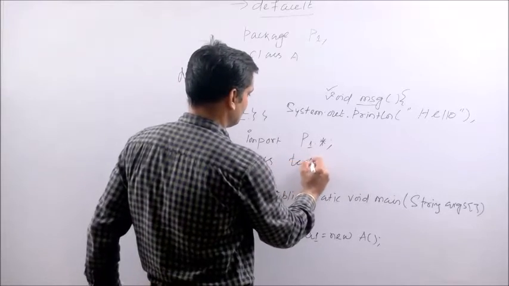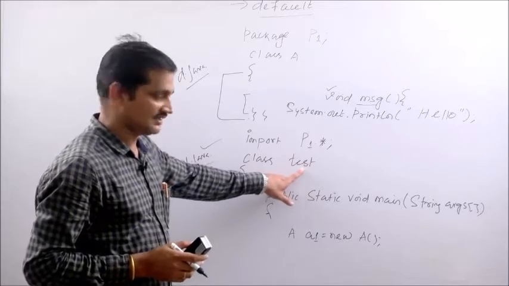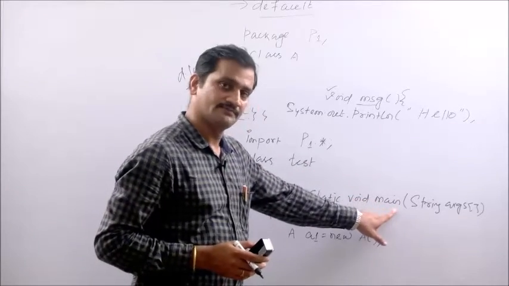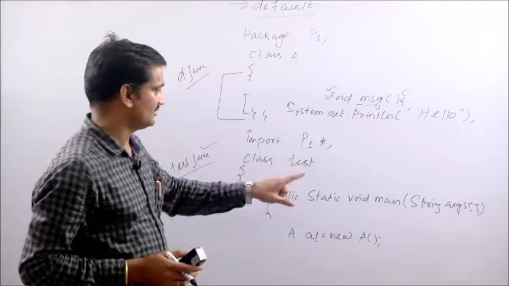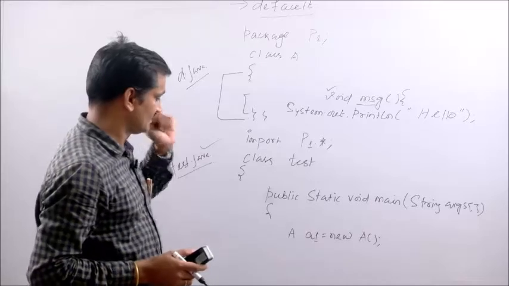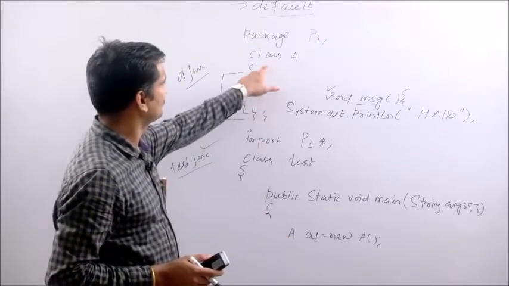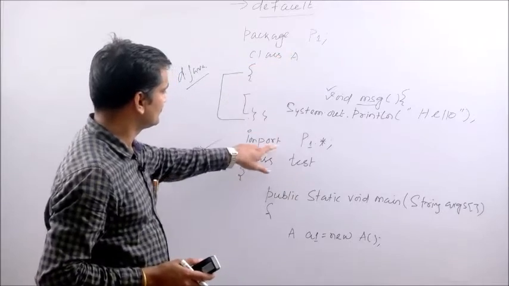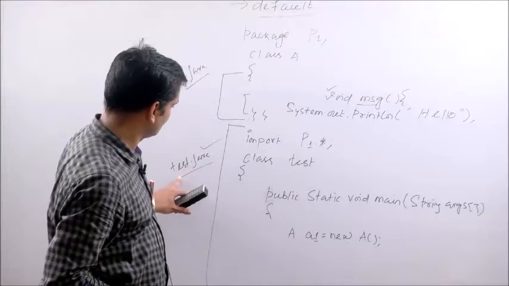Let us give the name of this class file as test, because it contains the main method, and remember, any class which contains the main method, that must be the name of your program, that is test.java. Now, you can create one object of class A here, because A is a part of the package P1 and P1 is imported here.